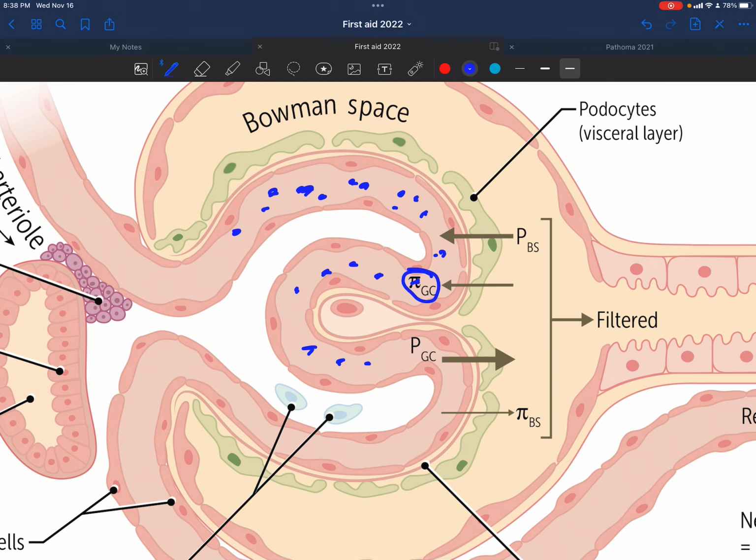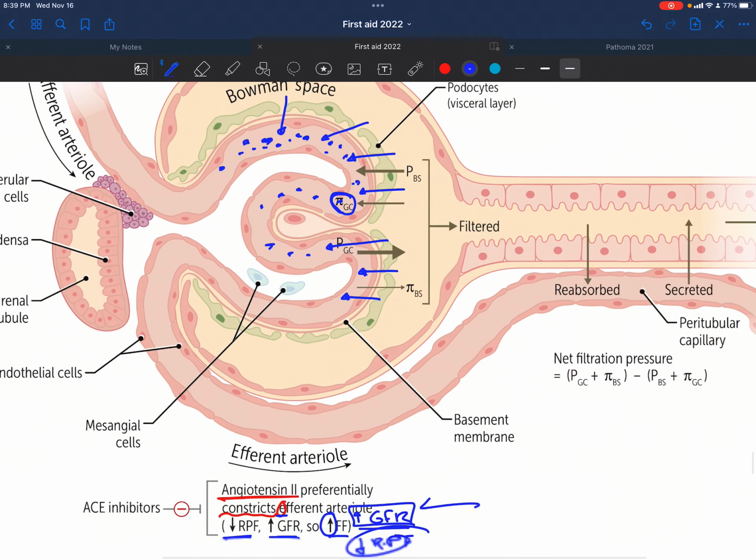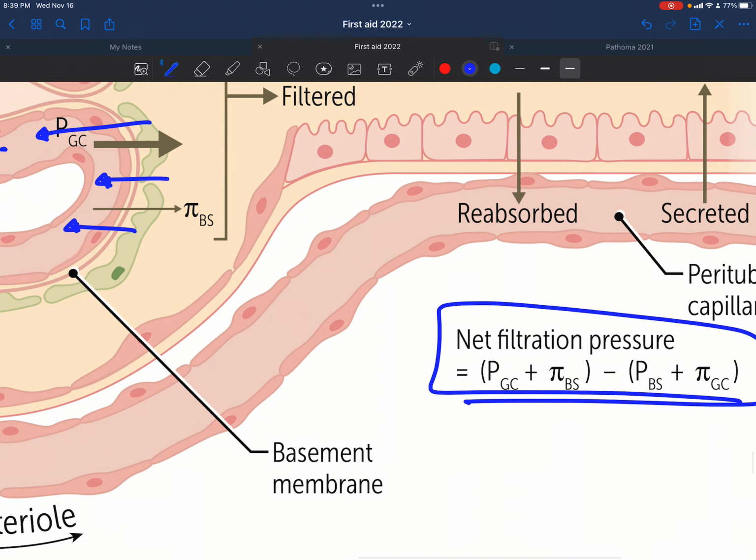They increase the oncotic pressure, which means if we have more proteins, we will have more oncotic pressure pulling things from the outside to the inside. So now the blood vessel is having more oncotic pressure, so it's pulling things even harder, and this will change this equation because now the oncotic pressure of the glomerulus is increased. So the net filtration changes.